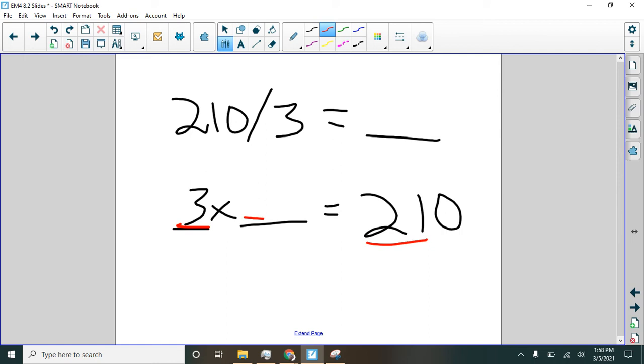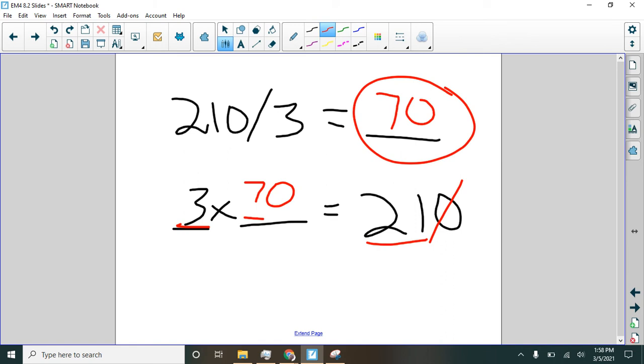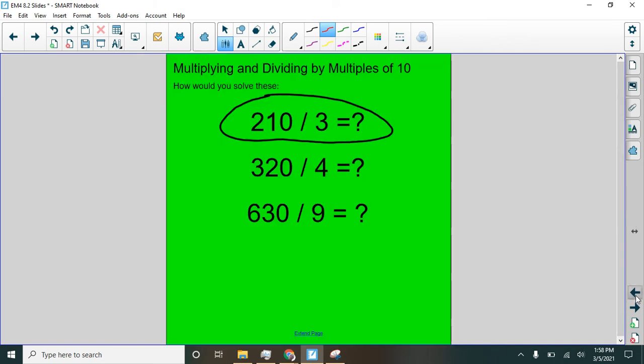Ignore the zeros for now. 3 times 7 equals 21. And now look at this. I have 1 0 on this side, so I need to have 1 0 on this side too. The zeros are going to balance almost always. So 3 times 70. So my answer up here, 70. You can do it.